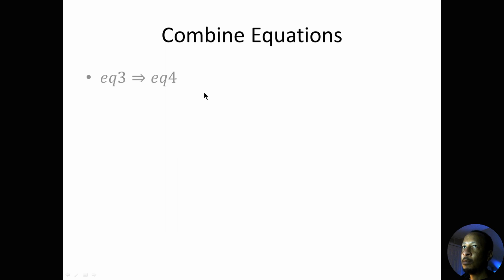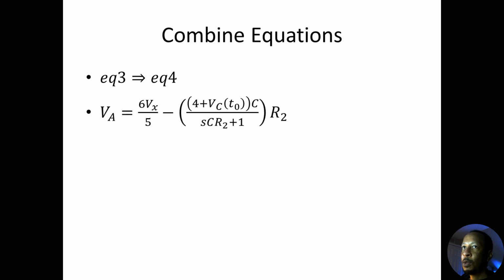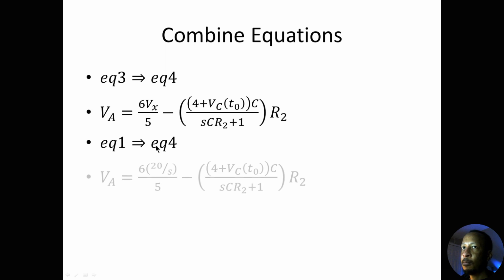Okay, so now I'm going to combine some equations. I'm going to take equation 3 and put it into equation 4. That gives me VA equals 6 Vx divided by 5 minus 4 plus Vc of t sub 0 times C, all of that divided by SCR2 plus 1, all of that times R2. And then next I'm going to take equation 1 and put it into equation 4.